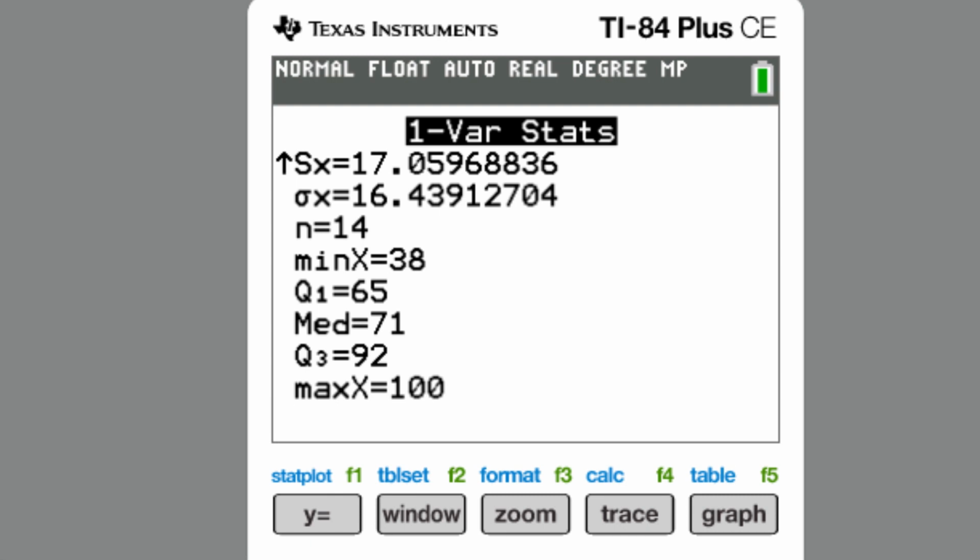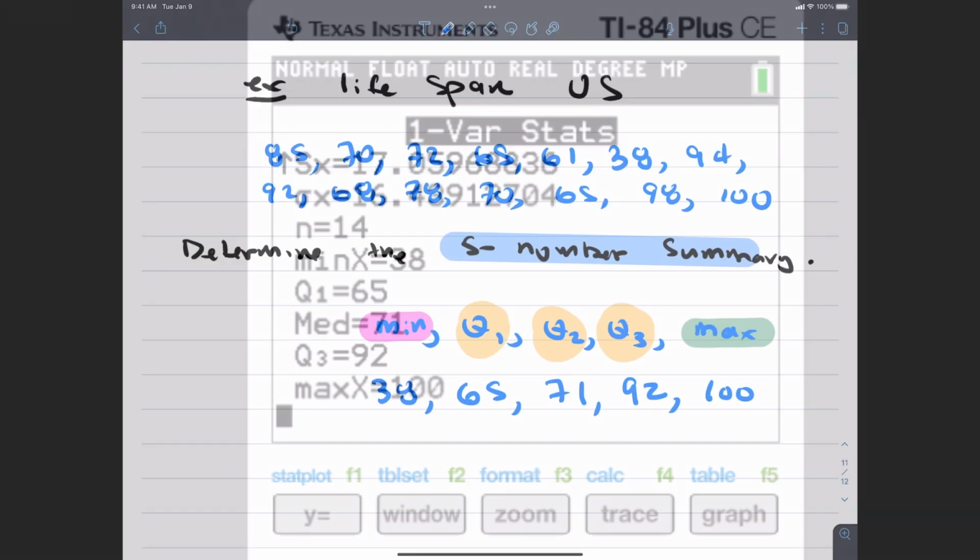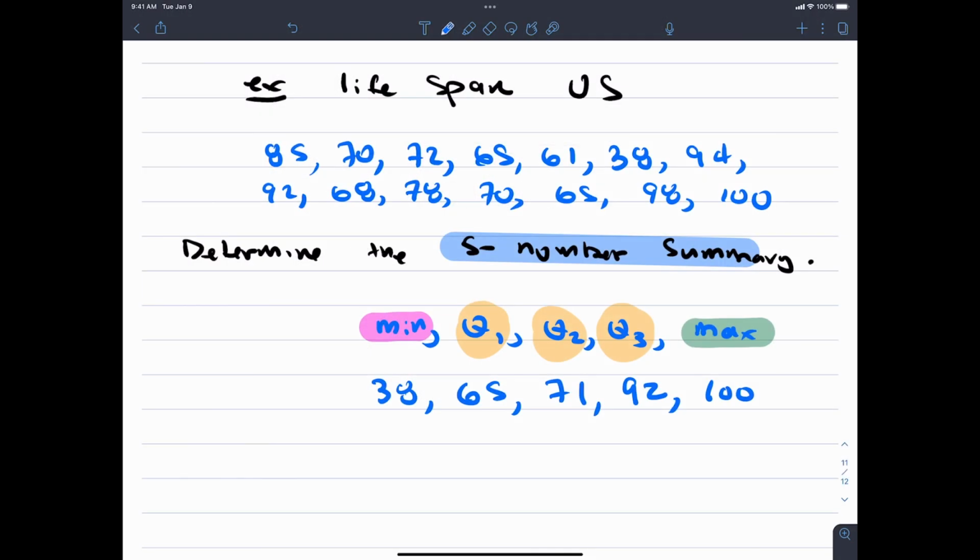That's the median value. Ladies and gentlemen, you guys know the median value is also the second quartile? So the second quartile is what? 71. And then what do you guys see? The third quartile is what? 92. And then the max is what? 100.